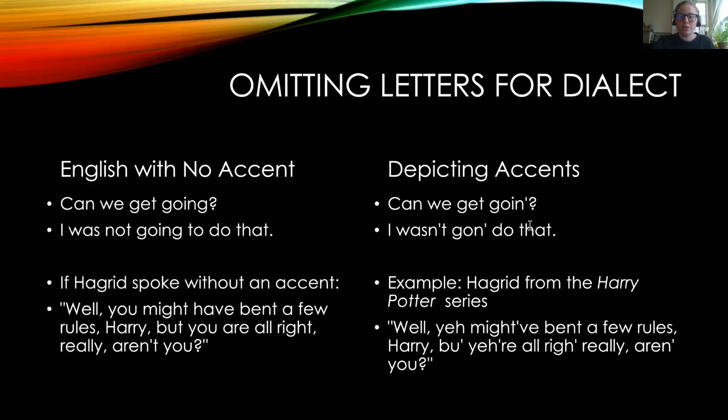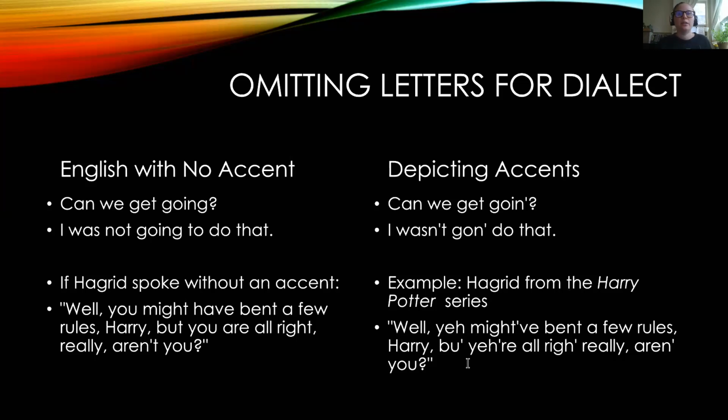Anyway, you can see here too that J.K. Rowling did some phonetic spellings, instead of saying "well, yeah," Y-E-H. And that's something you have the liberty to do when you're writing creatively, fiction, poetry, songs, even movies.